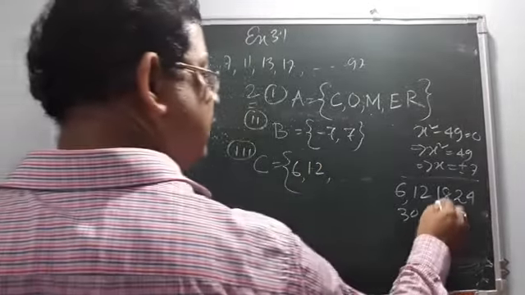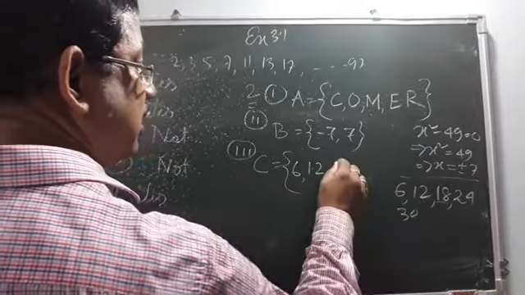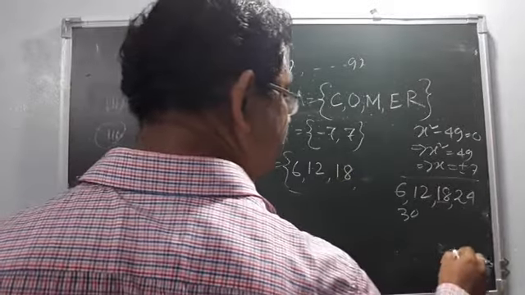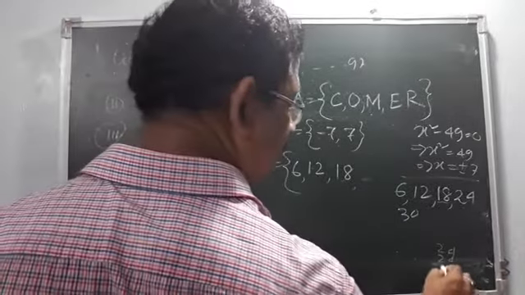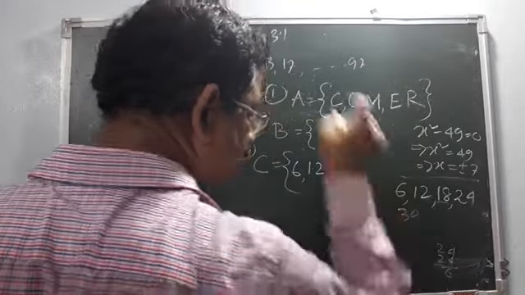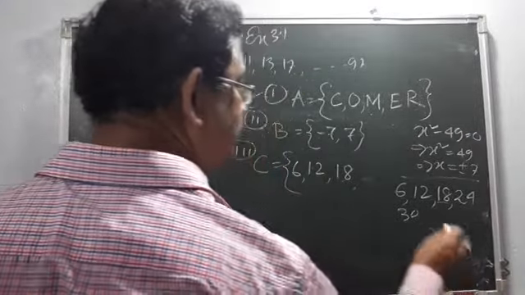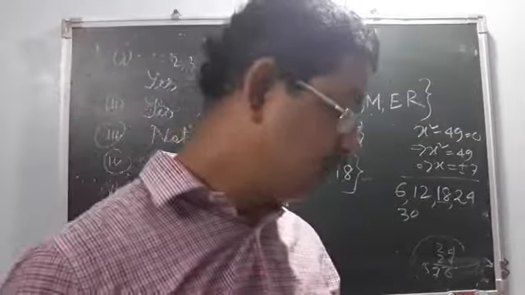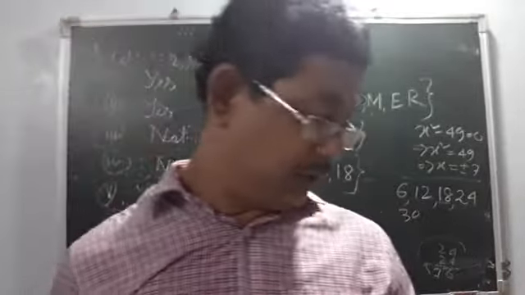If I take 18, its square is 324, so we can take 18 also. Now 24 square is 576, so we cannot take it, because we take only those whose square is less than 400.